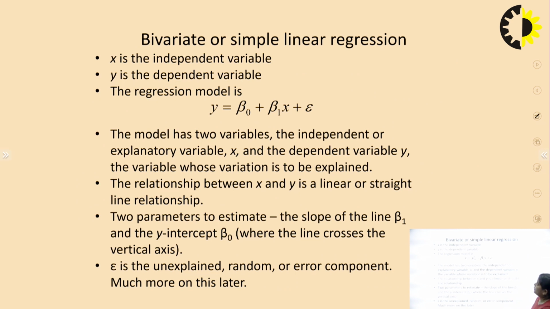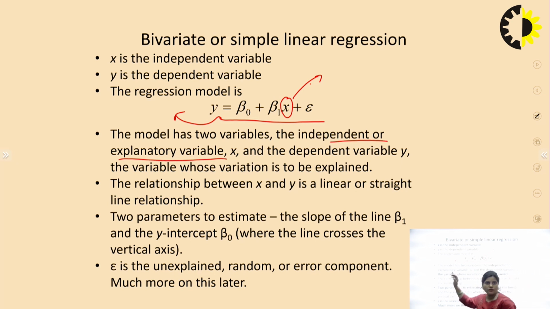Now, what is a bivariate or simple regression model? The regression model equation is y = b0 + beta1 x + epsilon, where x is the independent variable and y is the dependent variable. This simple regression model has two variables. The first one is the independent variable, also known as the explanatory variable.